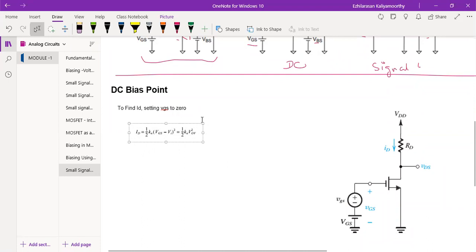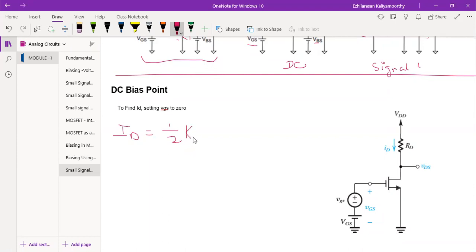ID is equal to 1/2 Kn dash W by L (VGS minus VT) the whole square.